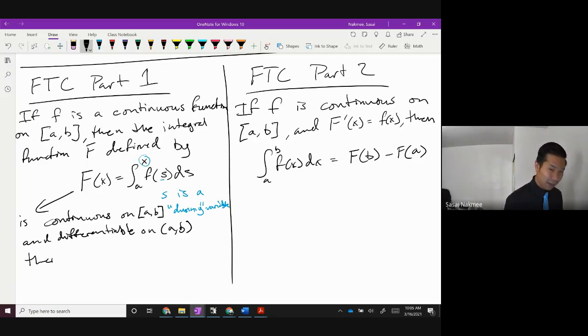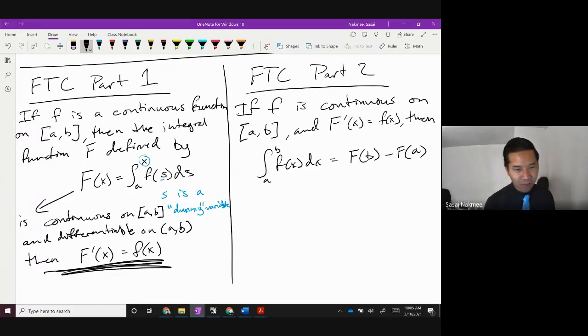Then F prime of x is equal to f of x. I'm sorry, this is so wordy, but this is the idea right here. I take the derivative of that integral function, I end up back at just the function inside here, but evaluated at the x that's up there, or whatever values are there.